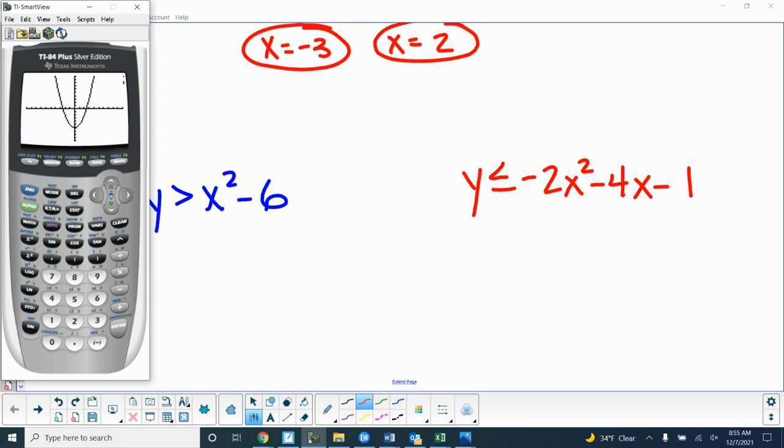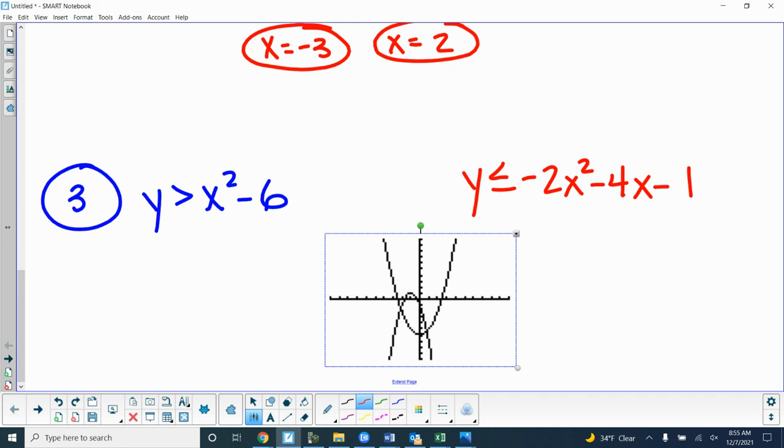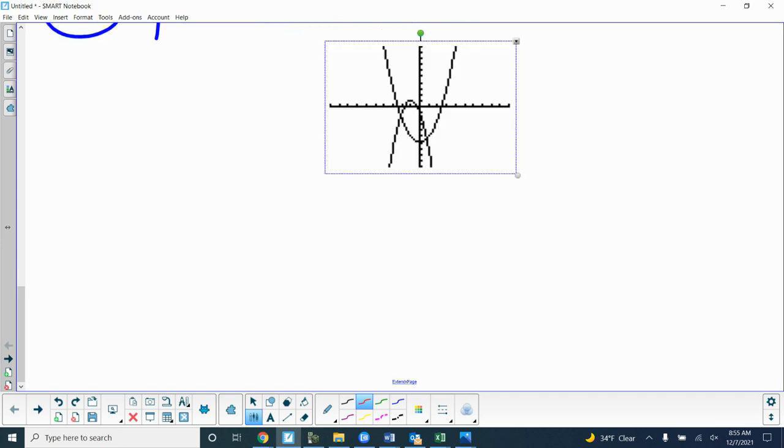You got the one that opens up, the blue one, and the one that opens down, the red one. Okay? So I'll just pull it over. You guys will sketch that. And again, it doesn't have to be perfect. All right?